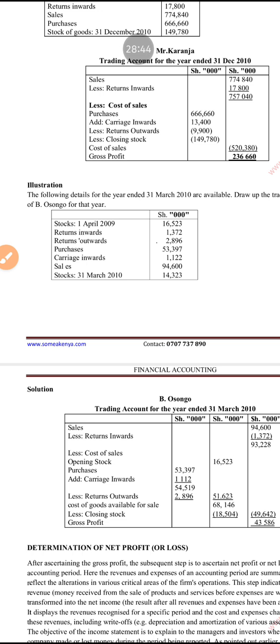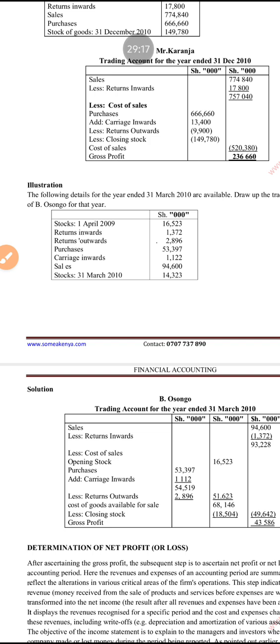So then we have purchases, we have carriage inwards. Remember, carriage inwards, in simple terms, is the transportation cost, the cost that you incur to get your goods from the supplier into your business premises. It is added together with the purchases when you are determining the cost of sales. Then you also have sales, and you have the closing stock.